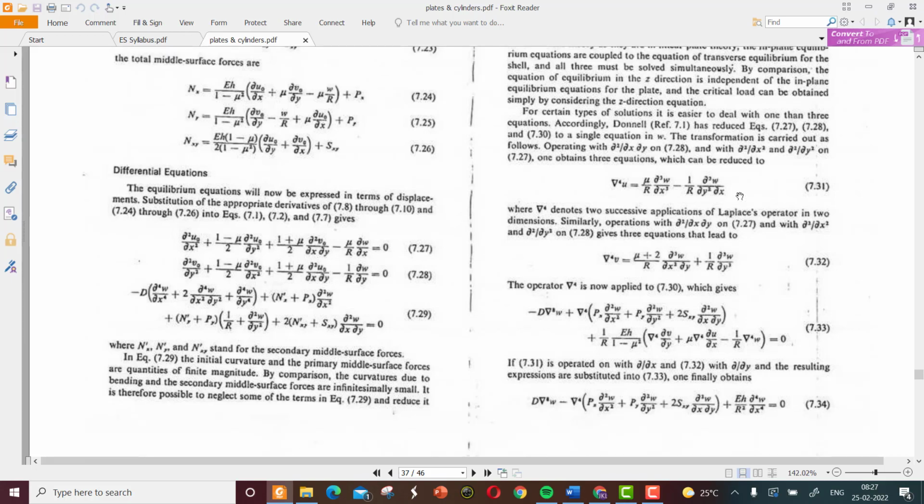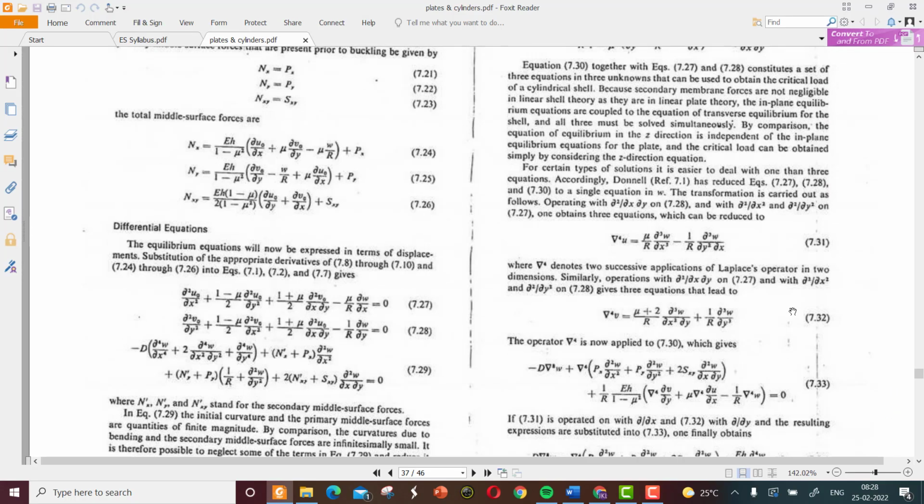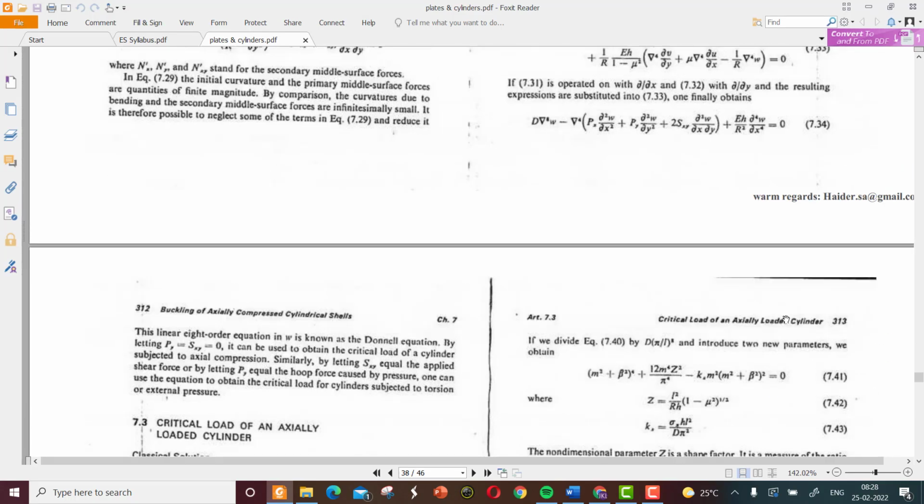we simplify it to get the final equation: D ∇⁴w minus ∇⁴ into Px ∂²w/∂x² plus Py ∂²w/∂y² plus 2Pxy ∂²w/∂x∂y plus Eh/R² ∂⁴w/∂x⁴.